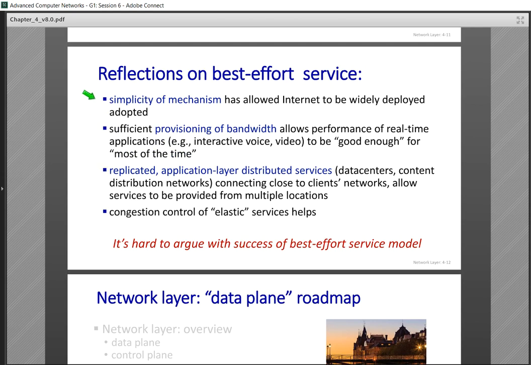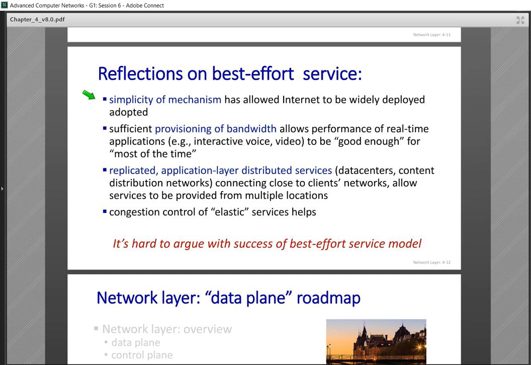So, again, our internet is a best effort service. Why? Because in the internet we look for a simple mechanism to transfer data. We just need a simple transmission mechanism.